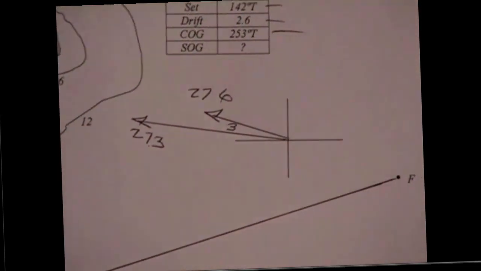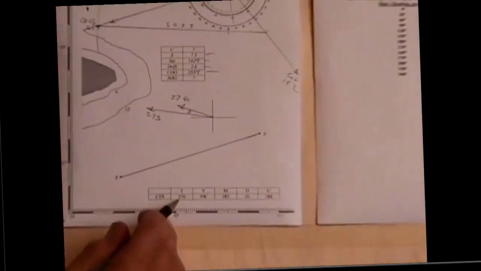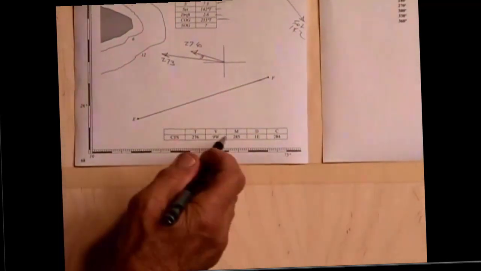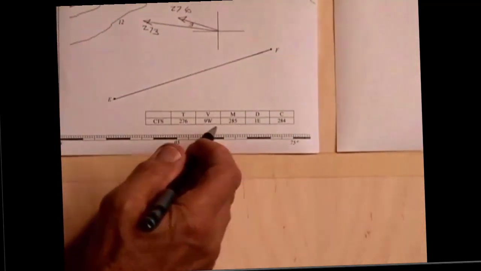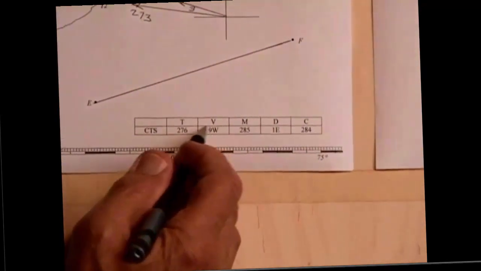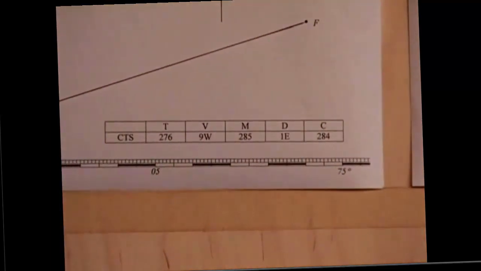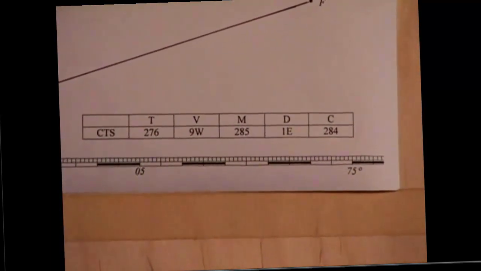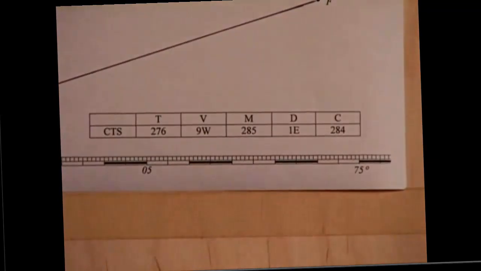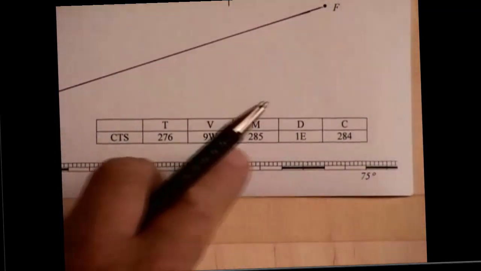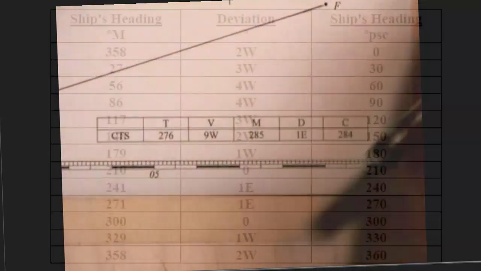Now, taking my TVMDC and entering the 276, go through the variation of 9 west and get magnetic 285 by adding the 9 west, going left to right in the table. Let's look up the deviation.